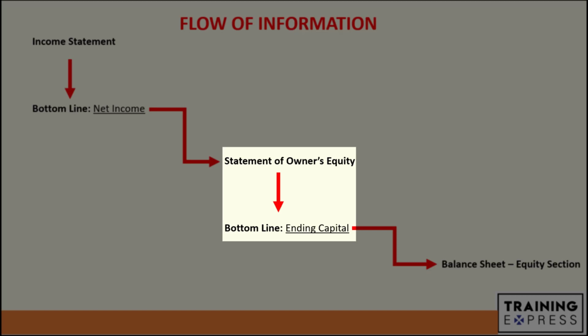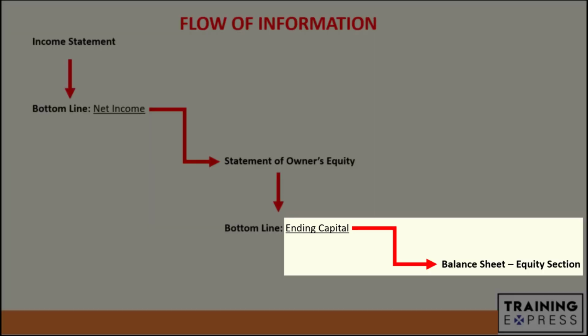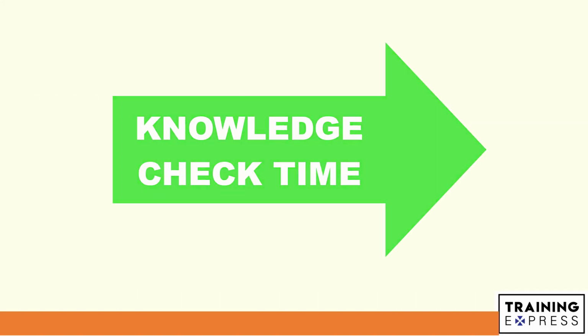When we prepare statement of owner's equity, our bottom line is ending capital, and this ending capital is moved to the balance sheet under the equity section. So here you can see a summary of the flow of information amongst these financial statements.